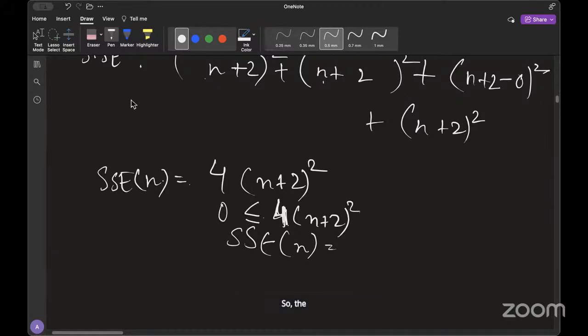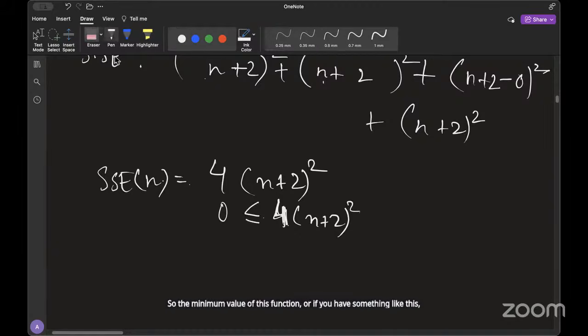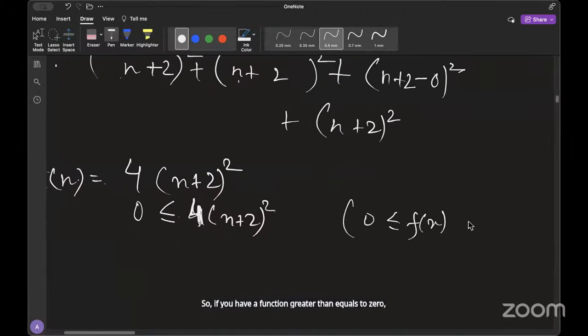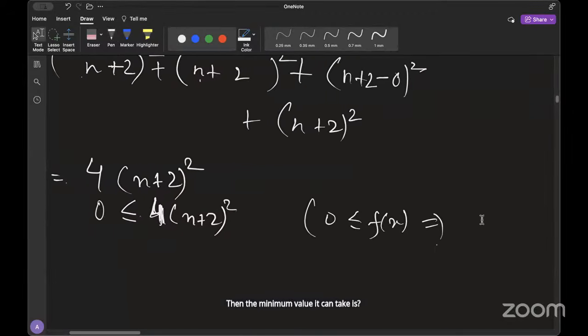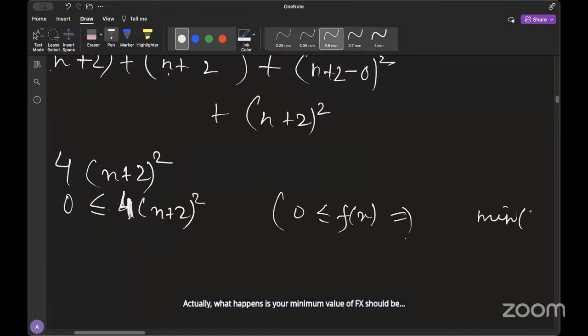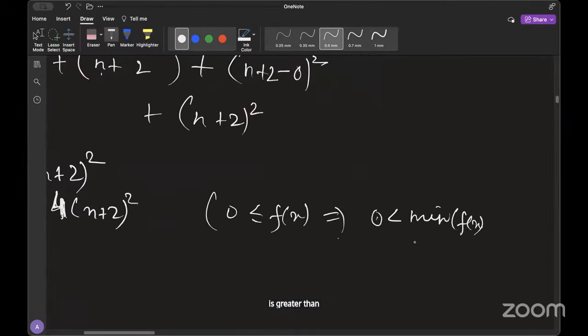So the minimum value of this function, now if you have a function greater than or equal to 0, then the minimum value it can take is... To say that the minimum value of f(x) equals 0, what would we want?